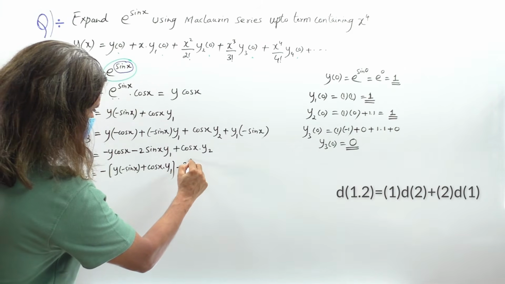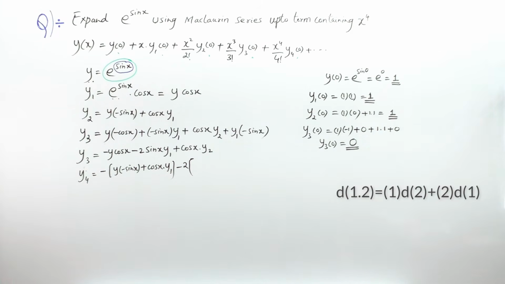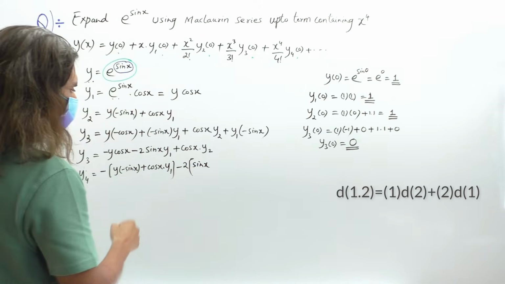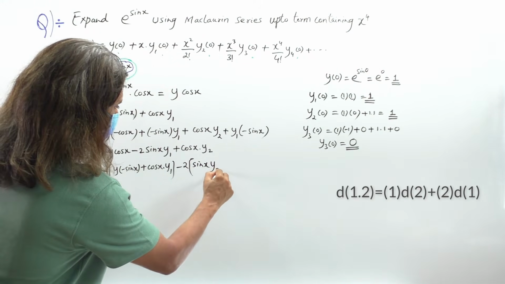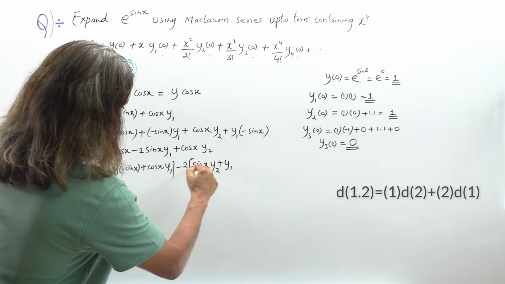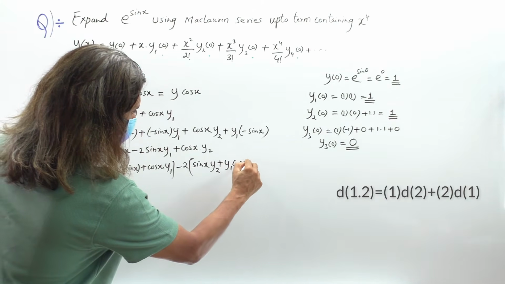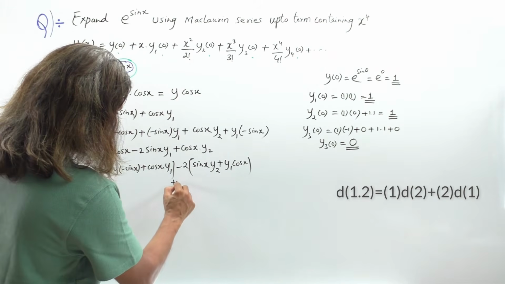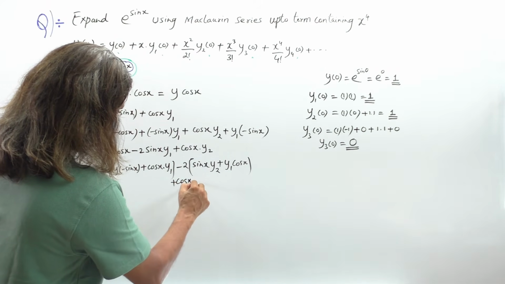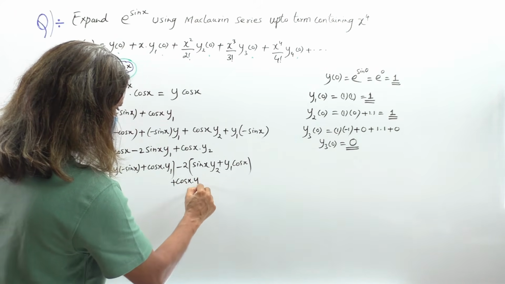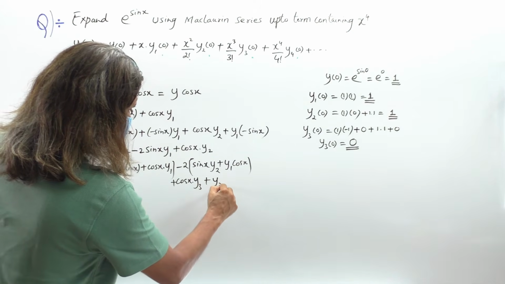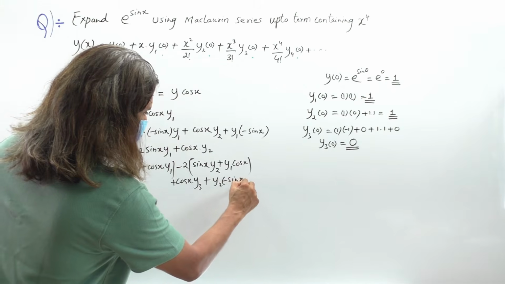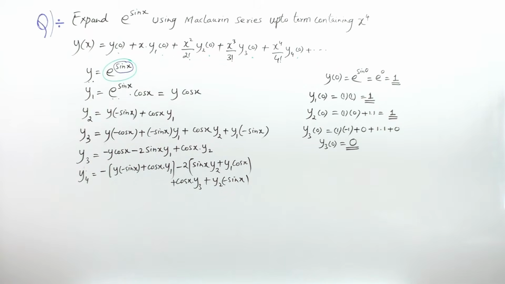Minus 2 outside, again there is a minus sign, put a bracket, again there is a product rule here. So sin x as it is first function, differentiation of y1 is nothing but y2, plus y1 as it is into differentiation of sin x is cos x. And lastly plus cos x as it is into differentiation of y2 is y3, plus y2 as it is into differentiation of cos x is minus sin x. Done. So my last differential y4 is done.